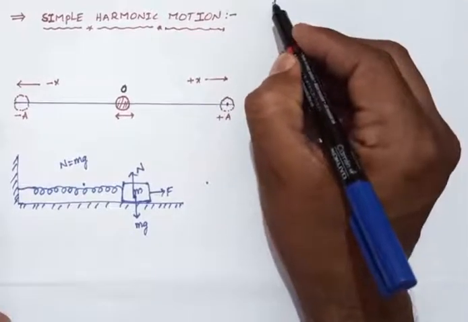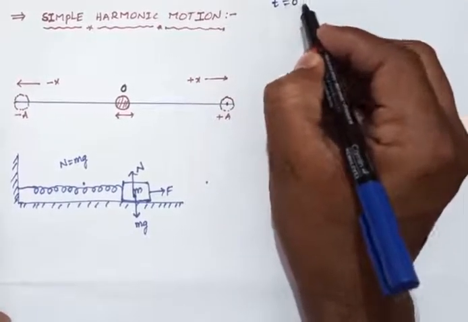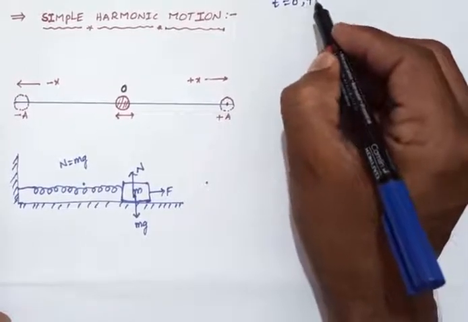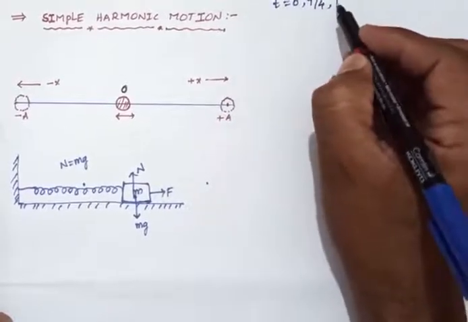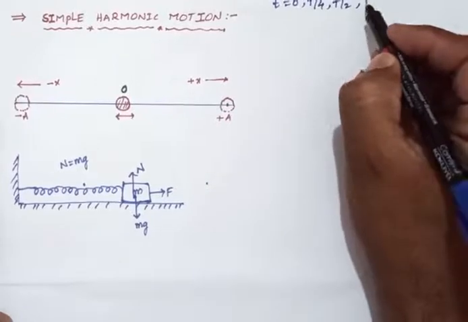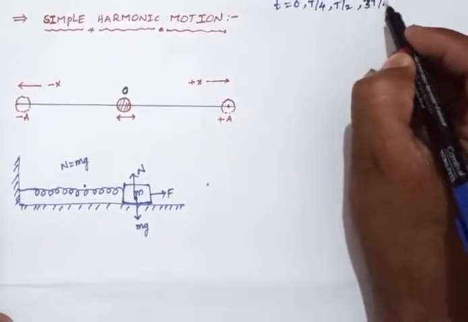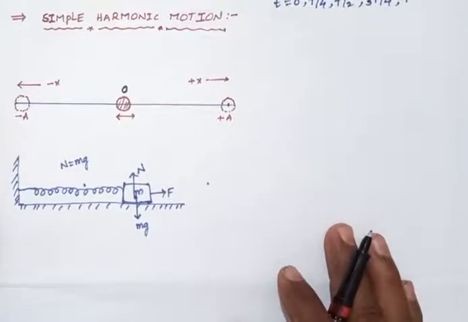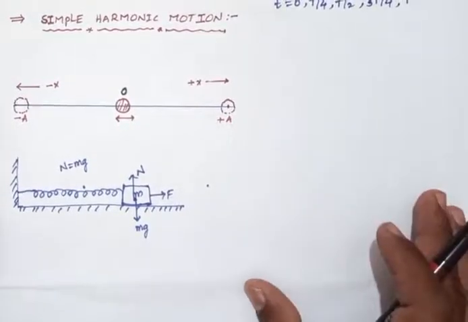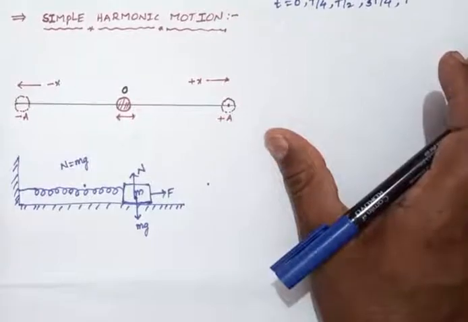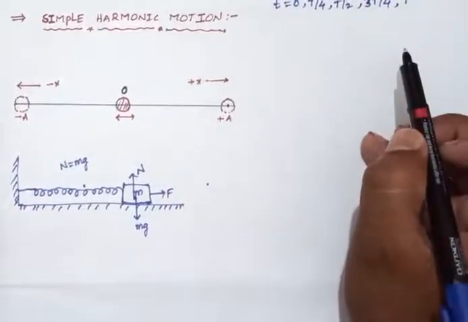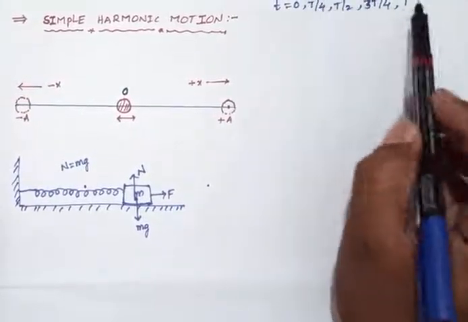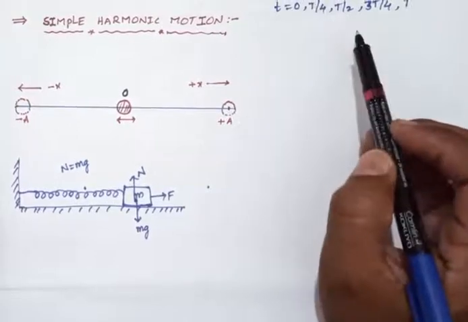The time period T is marked at t equals 0, T by 4, T by 2, 3T by 4, and T. The time period is nothing but the time taken for one oscillation.